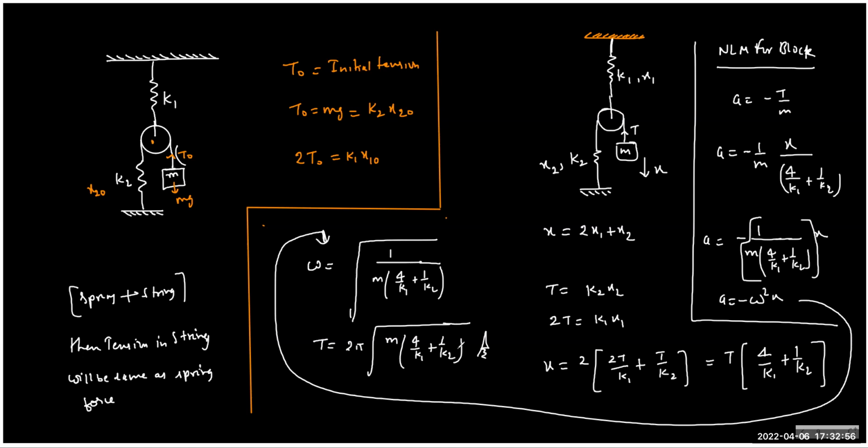So if you look at the pulley, the pulley will experience one tension here, which is 2T, and here it is T, and here it is T. The way of writing is that I draw this end point.